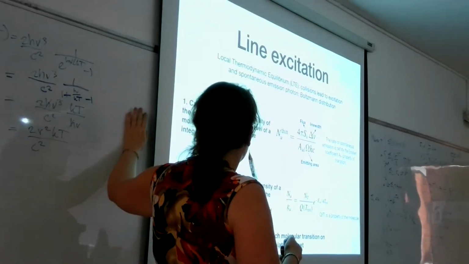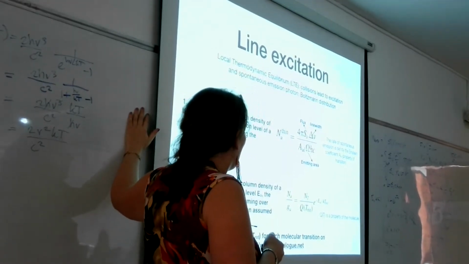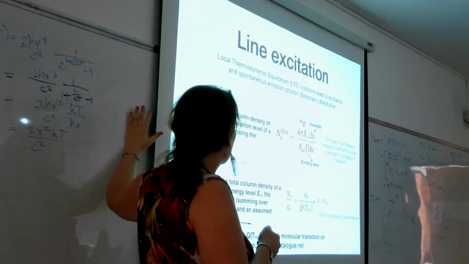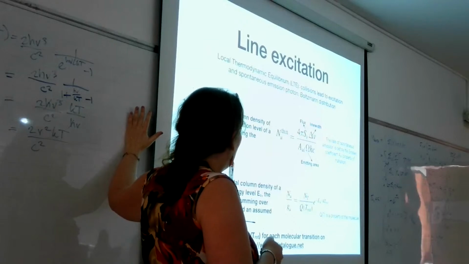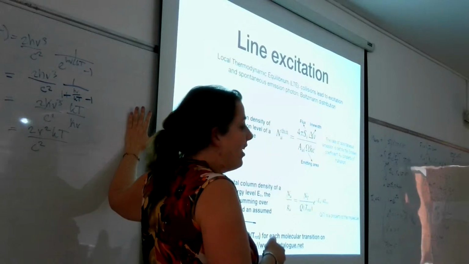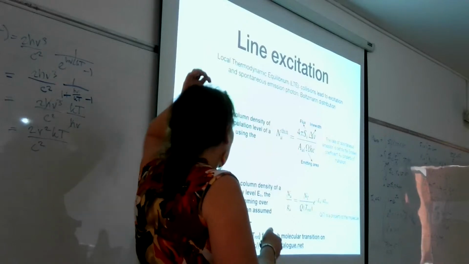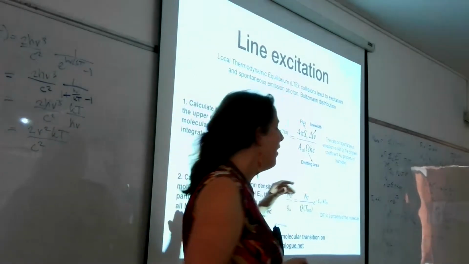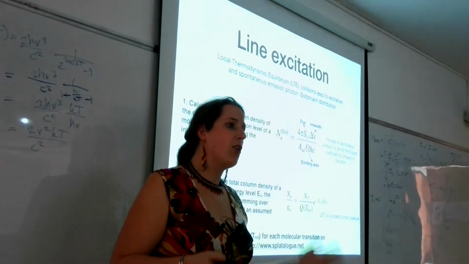That equation is relatively simple. You have 4π, the flux that you measured, the line width, the emitting area, so these are all observables, h and c are constants, and then you have this coefficient called the Einstein A coefficient, which is again a property you can look up on Splatalogue.